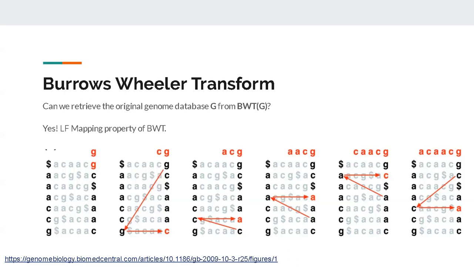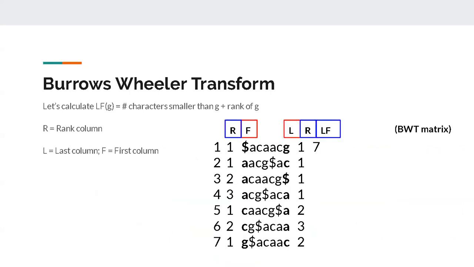Okay. Remember, I had given you the first column as well, just to tell you how this LF mapping property works. But what you can also do is calculate something called the LF, which is the left-first mapping.